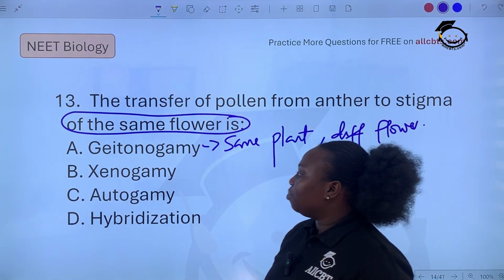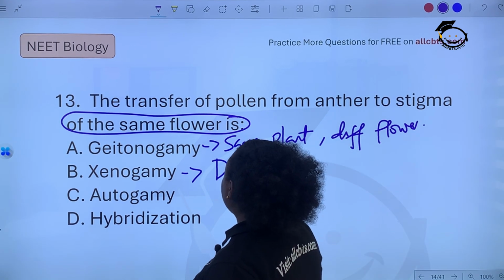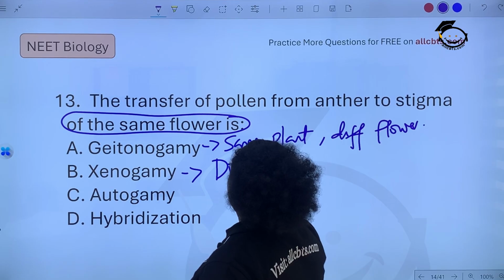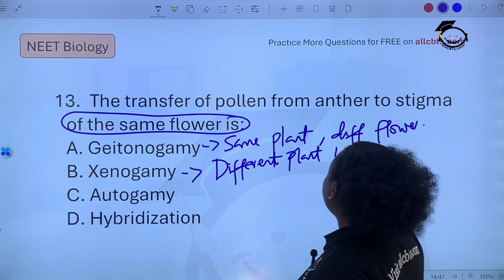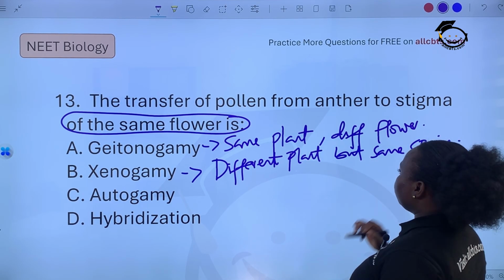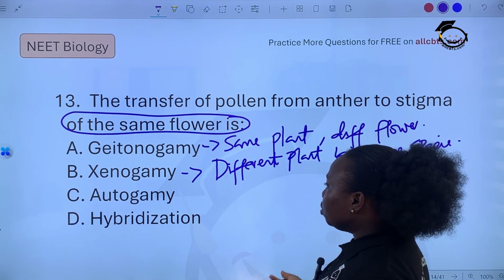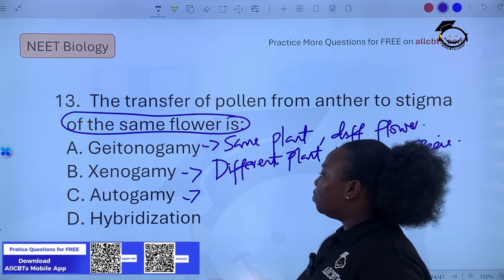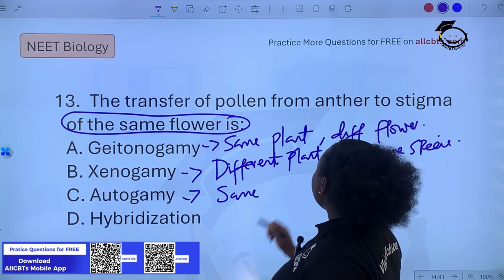Now we have xenogamy. This xenogamy is flowers from different plants but the same species. Xenogamy can be likened to cross pollination. Now we have autogamy. This autogamy is the same plant and the same flower.